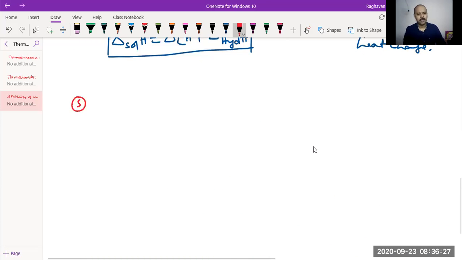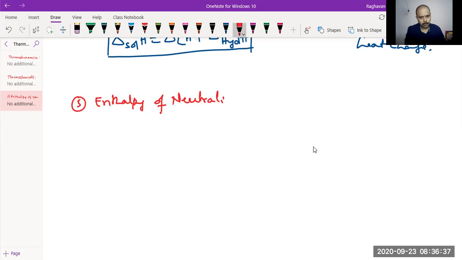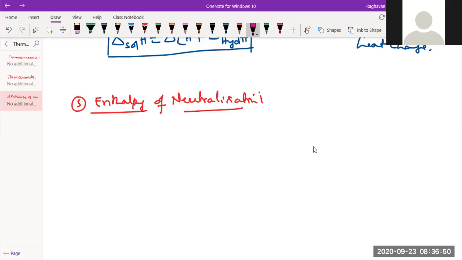After this we have enthalpy of neutralization. What is enthalpy of neutralization? Neutralization basically means reaction between an acid and a base. Whenever an acid is neutralized by a base, in that reaction there will be enthalpy change.